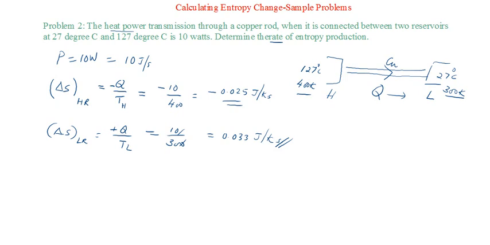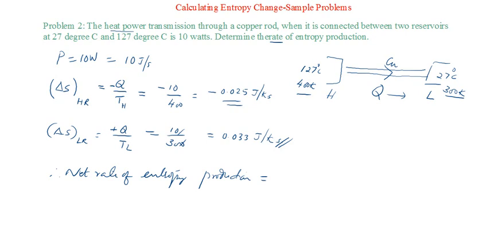Therefore, you have to determine the total rate of entropy production. So what is happening here? Therefore, the net rate of entropy production: what will that be? Because one is positive and the other is negative.